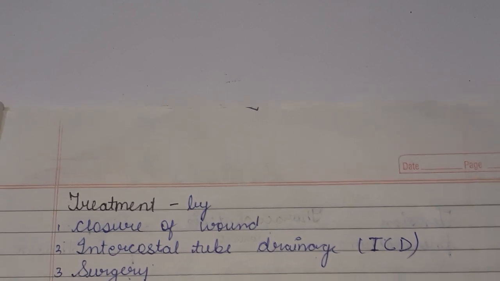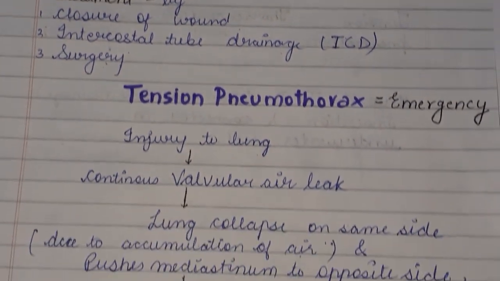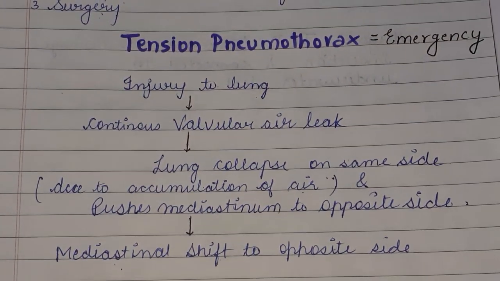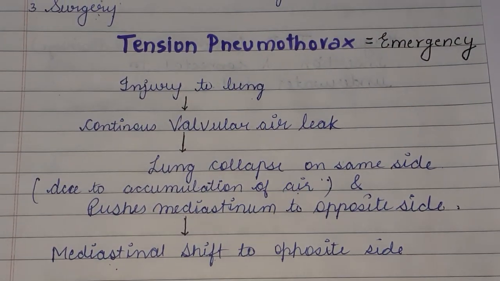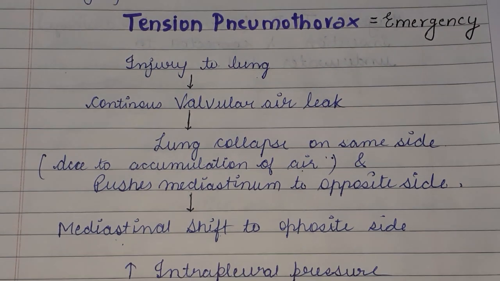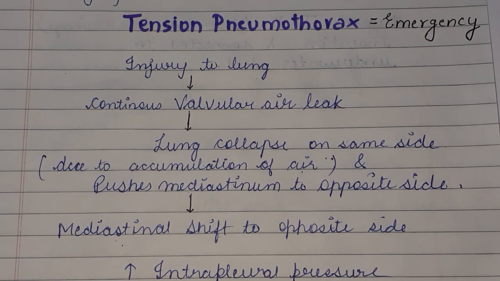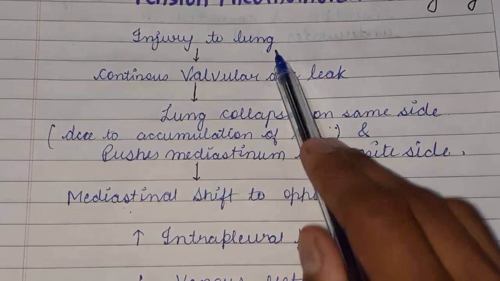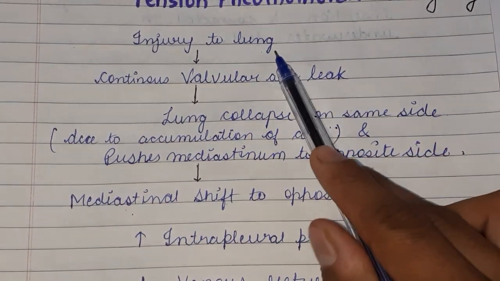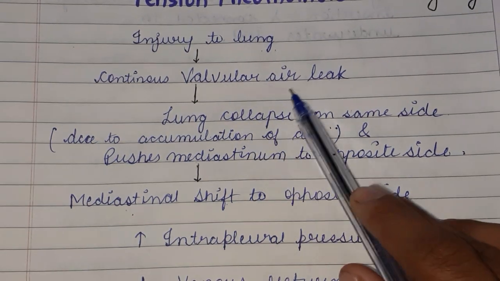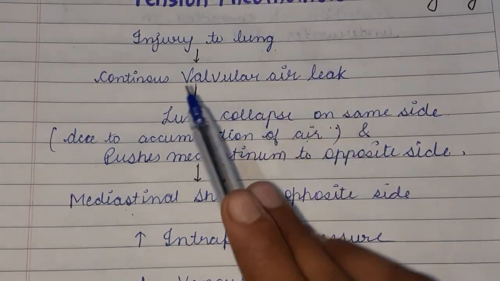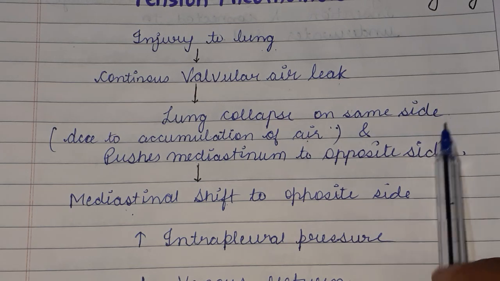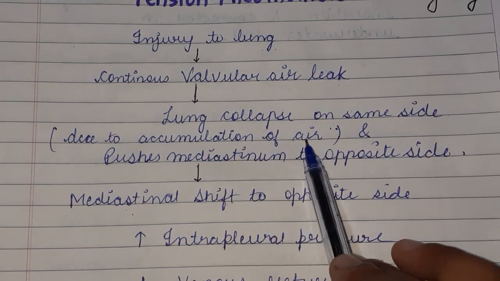अब हम डिस्कस करते हैं टेंशन न्यूमोथोरैक्स. So the tension pneumothorax is an emergency. तो हम उसको फ्लो चार्ट की फॉर्म में डिस्कस करते हैं. नंबर 1, अगर लंग में इंजरी हुई तो इट विल लीड टू द वाल्वुलर एयर लीक. दिस विल कॉज lung collapse on the same side due to the accumulation of air.